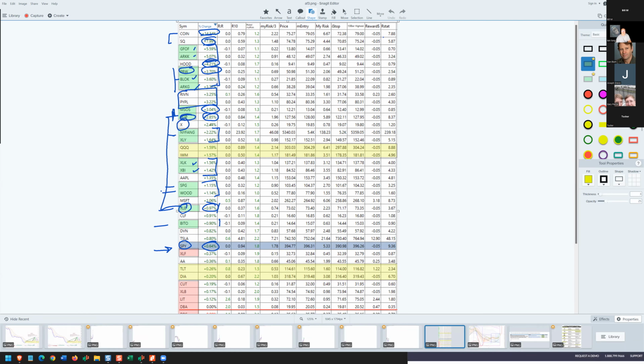US Steel, 2.44%. Apple and Microsoft finally got on the right side of the S&P, but underperformed their sector. So that's not as good. They underperformed both S&P tech and US tech, although they got on the right side of the line. So quite a range of things to choose from.